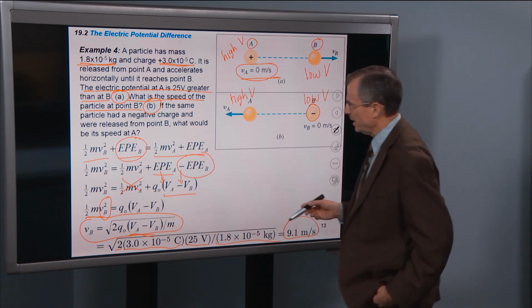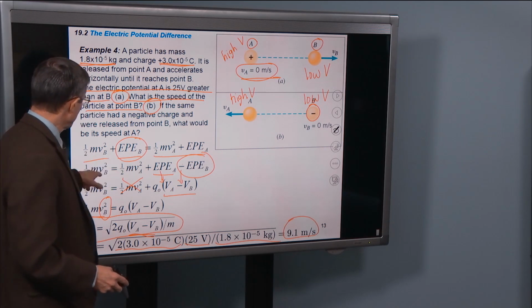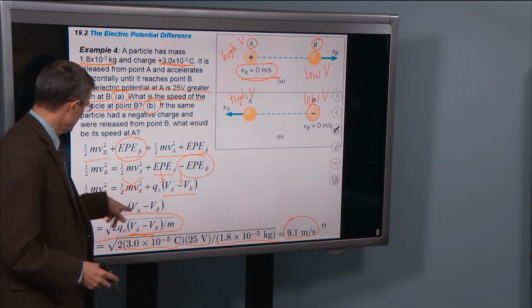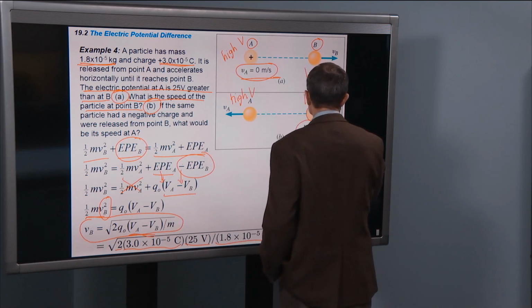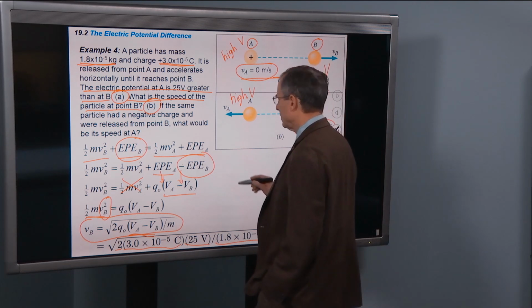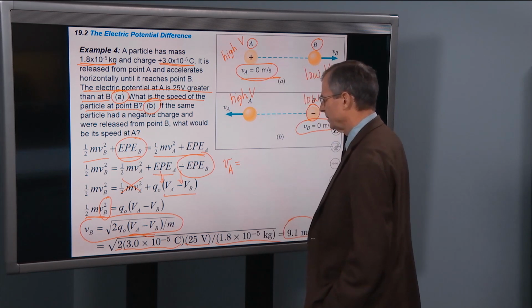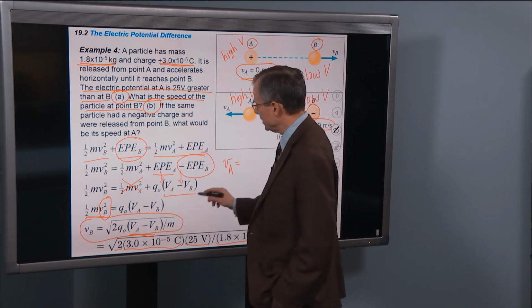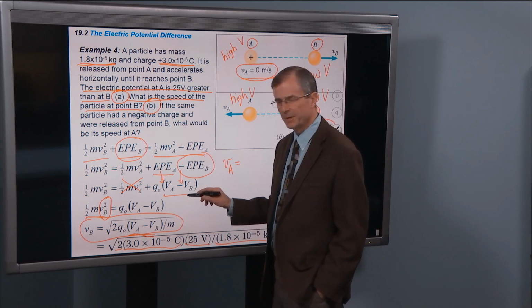So let's see what's going to change with the equations here. We're not going to have 1/2 mVA squared equaling 0. It'll be 1/2 mVB squared equaling 0. So in this case, VB is going to be 0, and we're going to be solving for VA. And what's going to change? This is not going to change here. We'll still have Q naught times VA minus VB, and that will still be 25 volts.